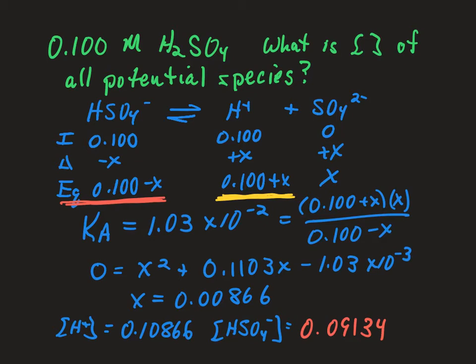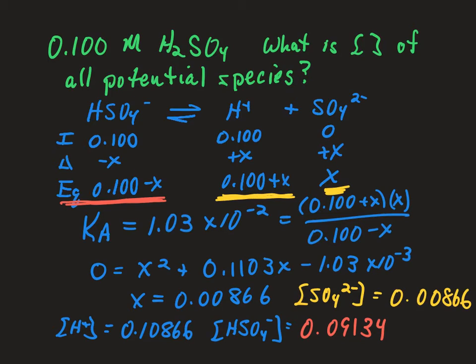Our concentration of sulfate ions is x, and so that is just our 0.00866. And then we have to go back and consider significant figures and all that.